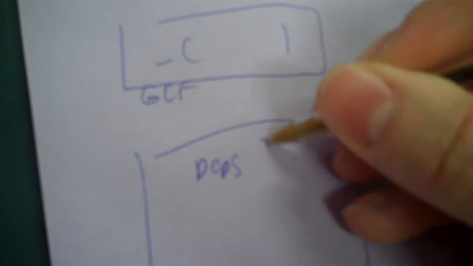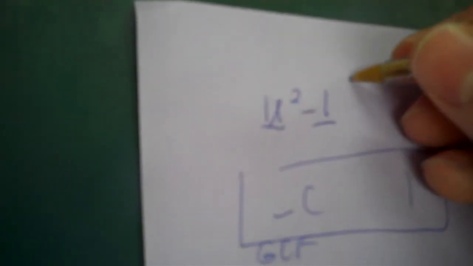Now, x to the second power minus 1. So 2 terms, so GCF and DOPS. Okay, so I'm not seeing the x, not seeing the negative. 1 is just 1. Now we do have a minus, okay? And now you have a DOPS because you got 1 times 1, x times x.